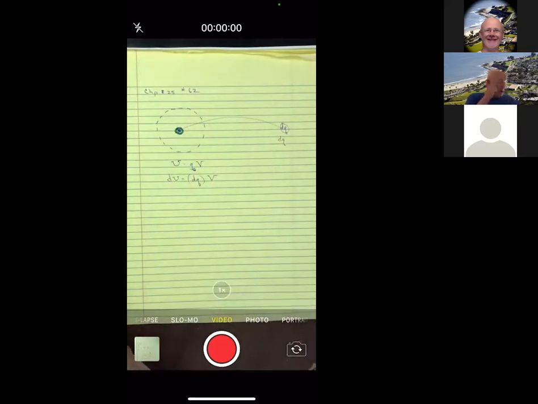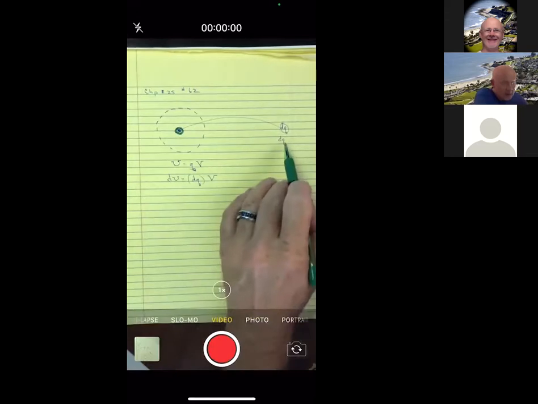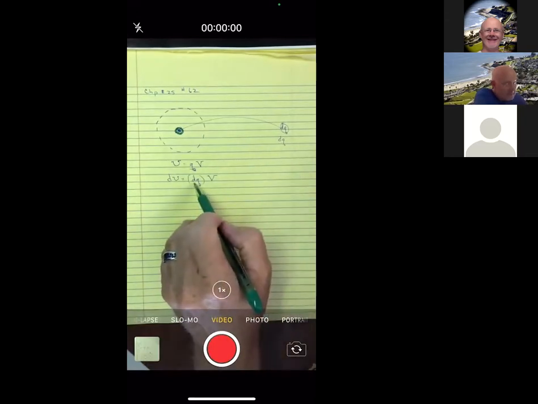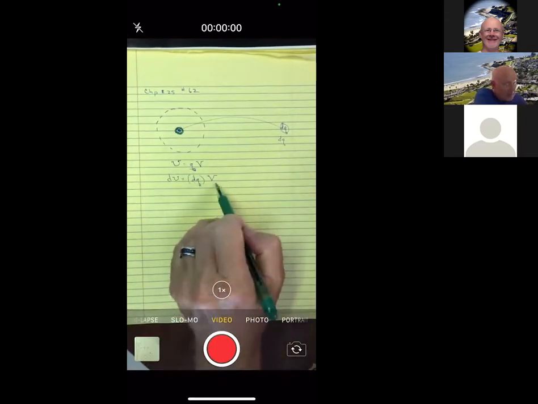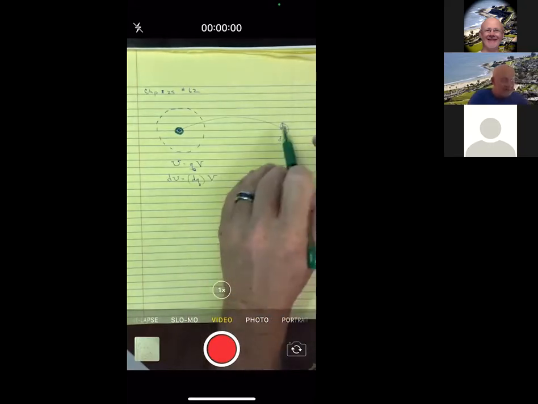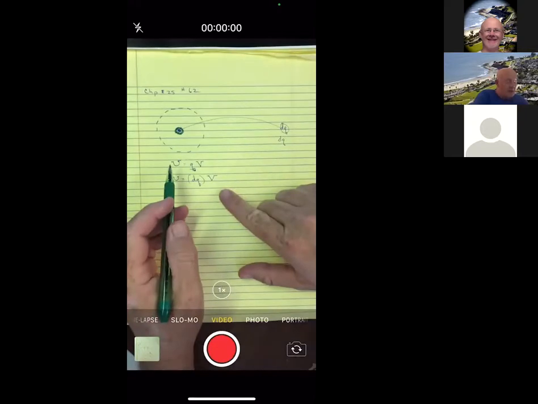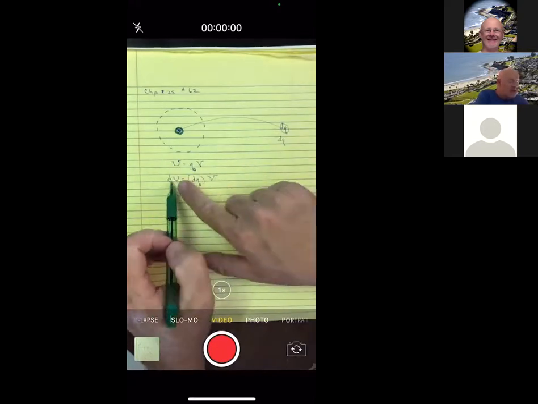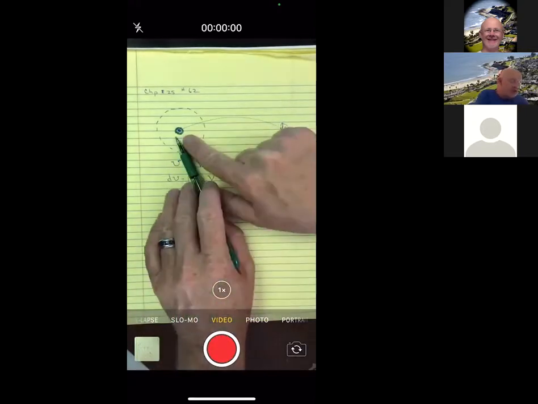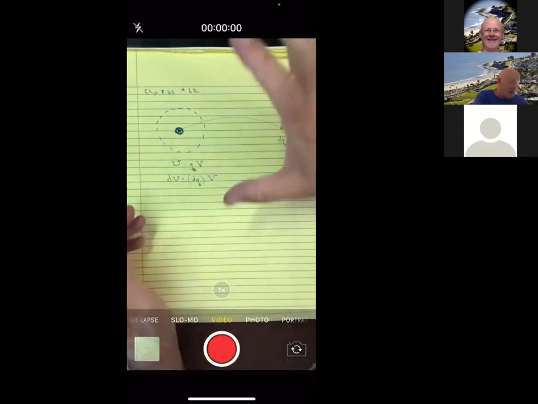Now again, if I wanted to know how much energy that took, I would take the charge I'm putting in here and the potential. Now, notice that for the first charge I put in, there were no other charges around. So how much energy did it take for me to put the first charge in? Zero.